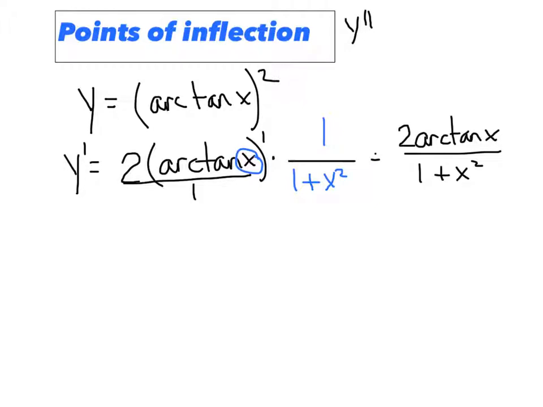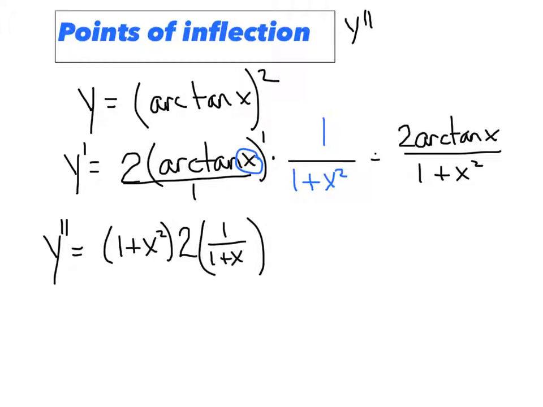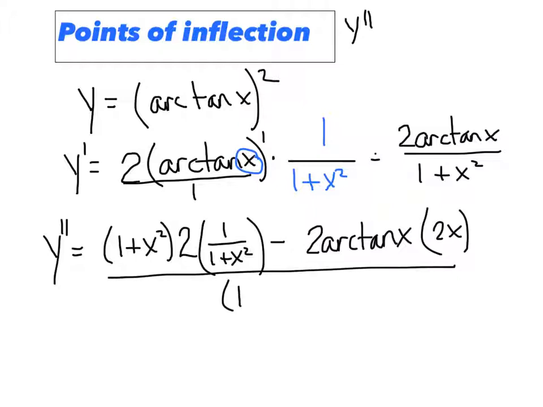All right, now I need that second derivative. And I know we've been talking about, if you can avoid quotient rule at all costs, go for it. But I think we're out of luck and we just have to go with it here. So I've got my low, 1 plus x squared, times my d high, which is 2 times du over 1 plus u squared, so 1 over 1 plus x squared, minus my high, 2 arctan of x, times d low, 2x, all over my 1 plus x squared squared.